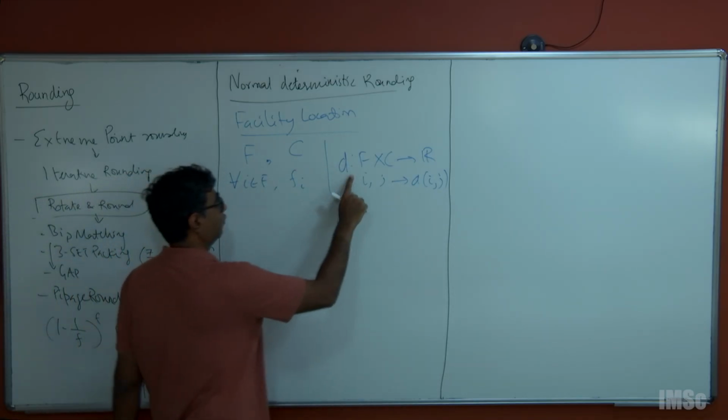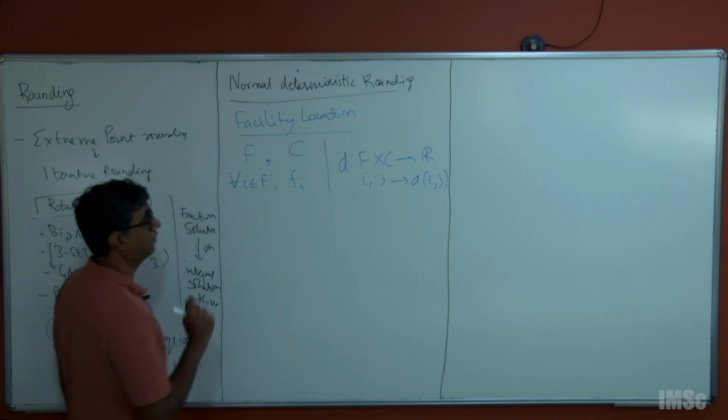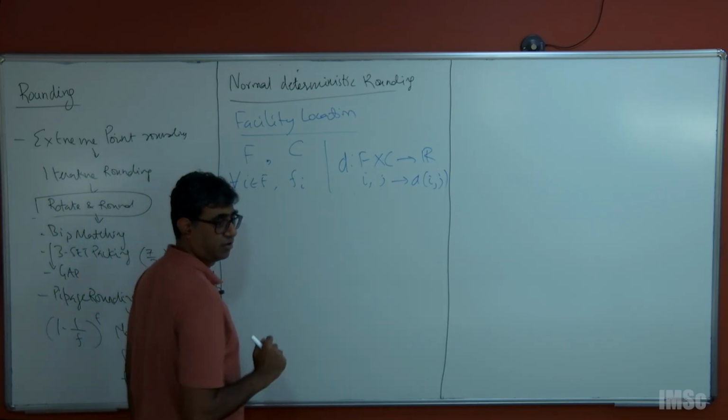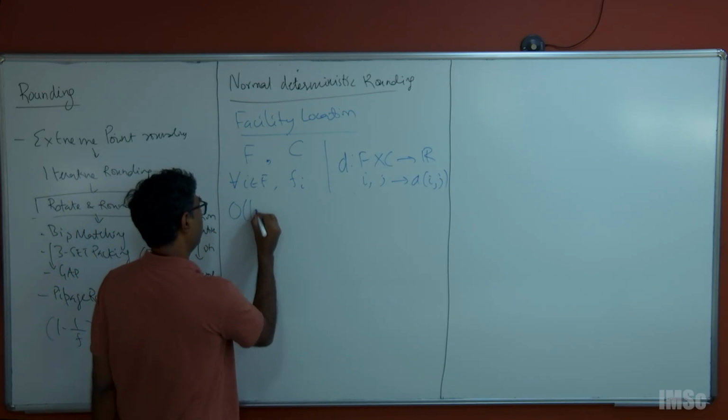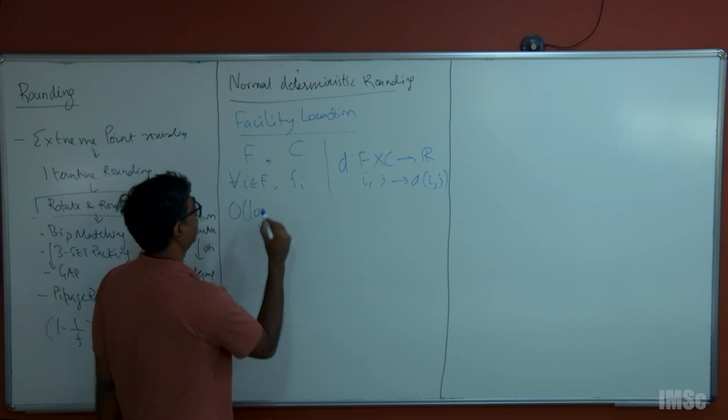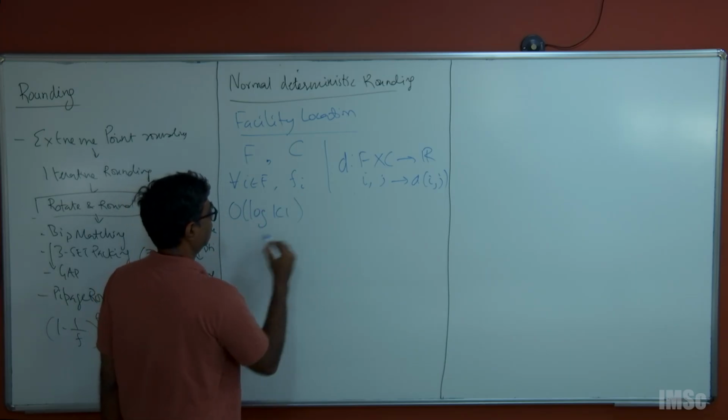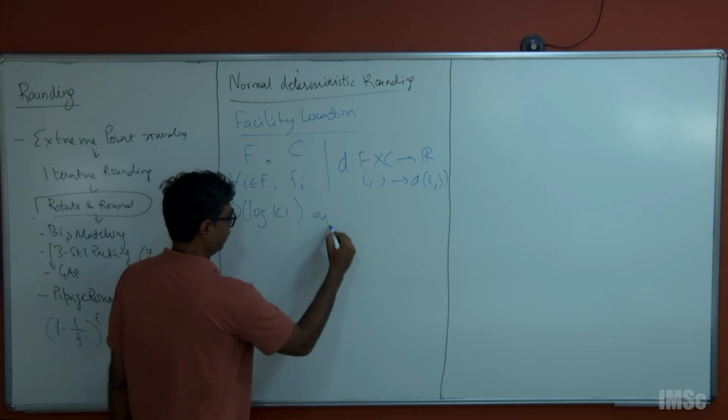We saw that if the distance function does not satisfy any constraint, then we gave an order log n approximation ratio.